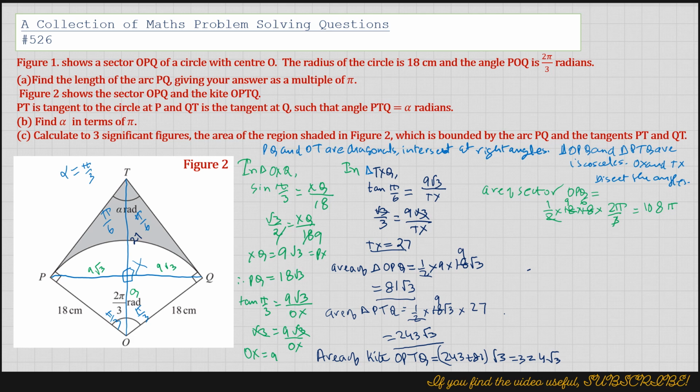Area of the shaded region, final bit. Area of shaded region would equal 324 root 3 minus 108 pi, and that equals 1.73 times 324. Taking me a while to do it.